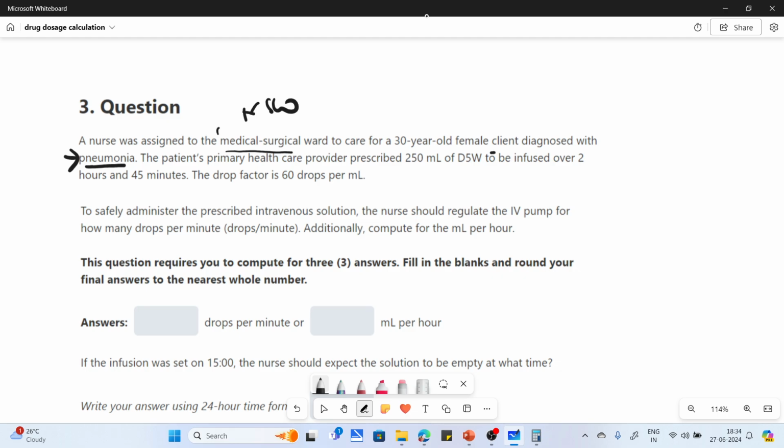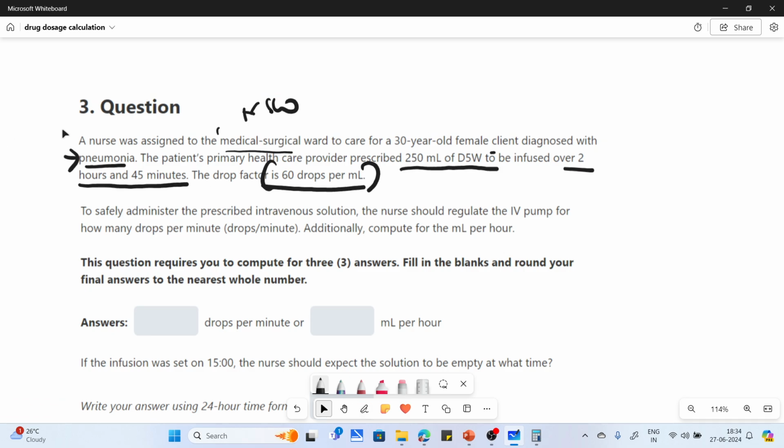So the patient's primary healthcare provider prescribed 250 ml of 5% dextrose in water to be infused for 2 hours and 45 minutes, and the drop factor is 60 drops per ml.